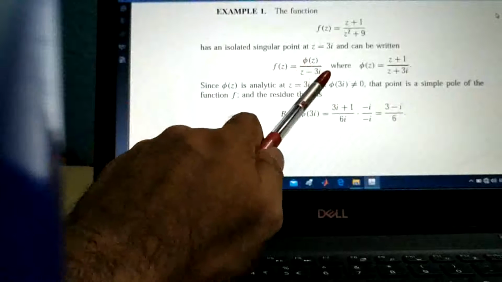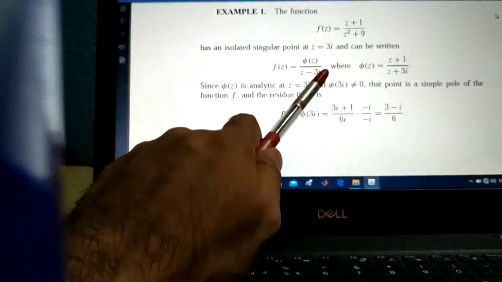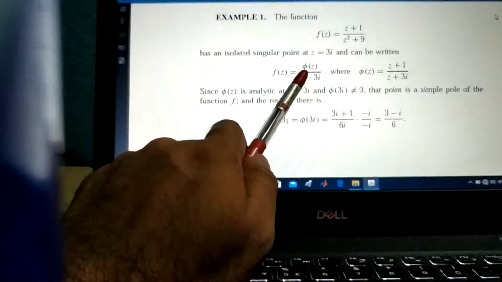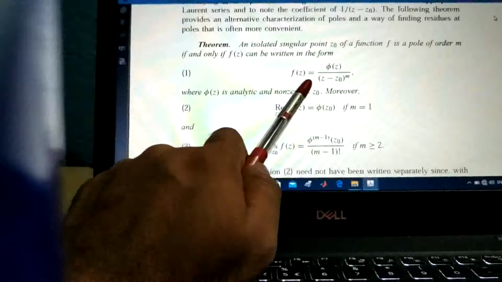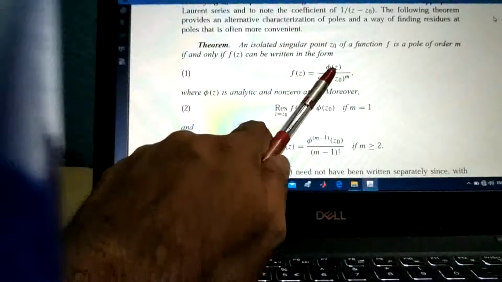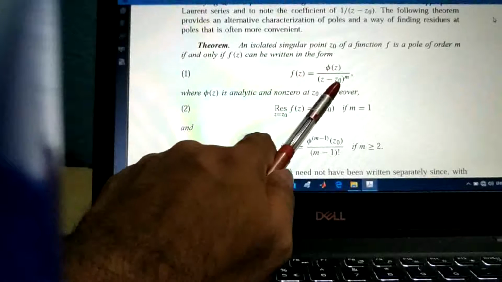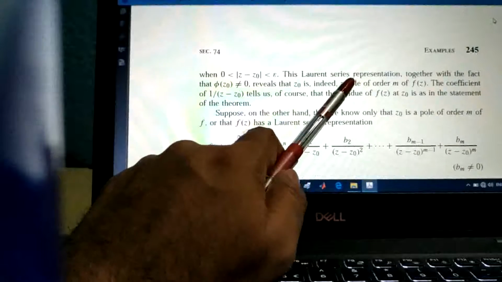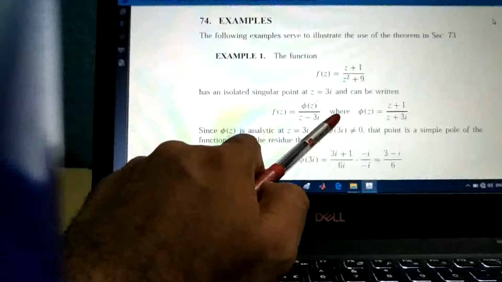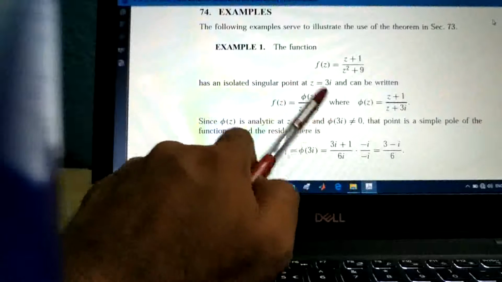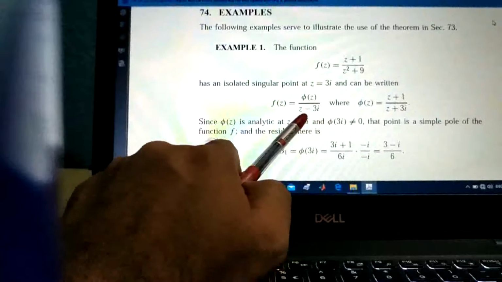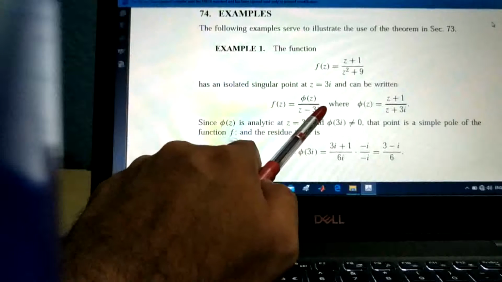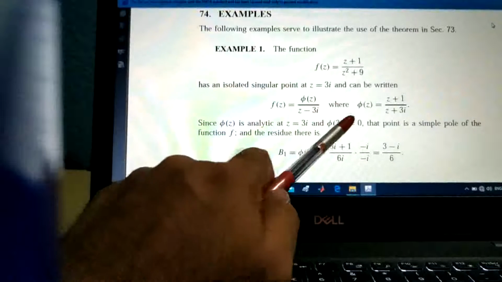Remember the structure of the function f of z equals phi of z by z minus z naught whole to the power m. So in this example, as per our construction, z minus 3i whole to the power 1 is present here.